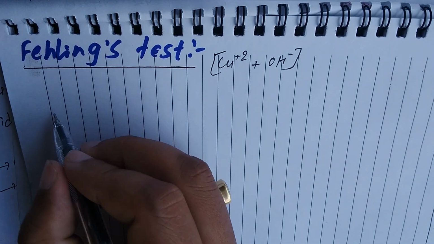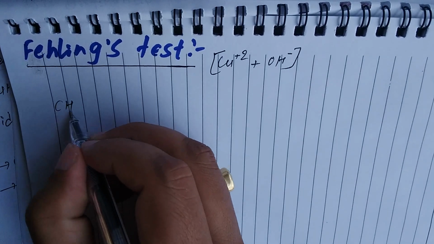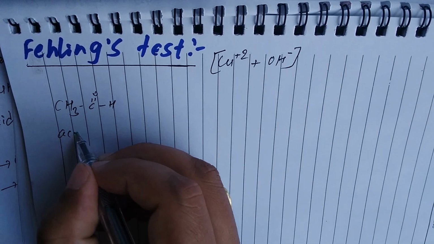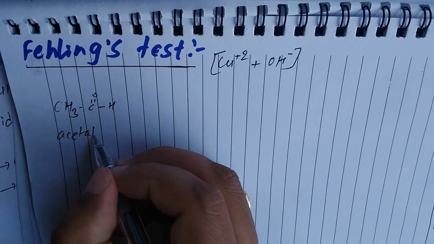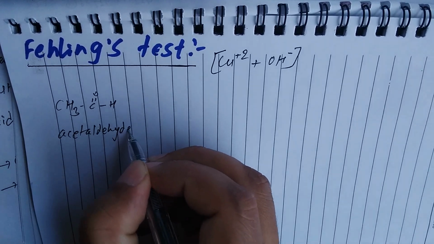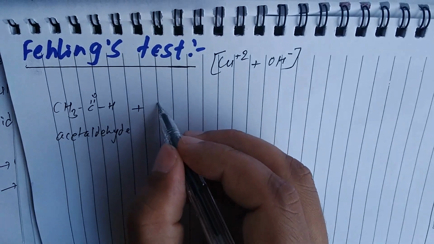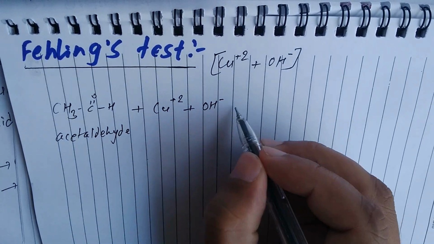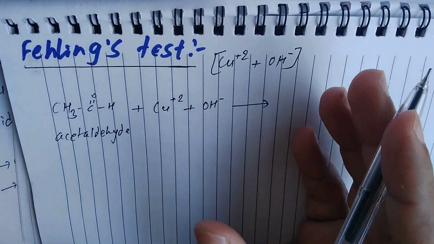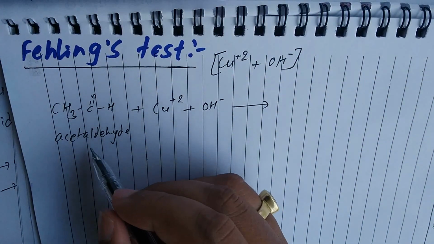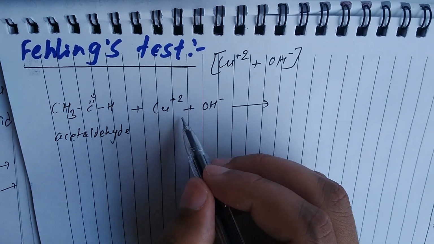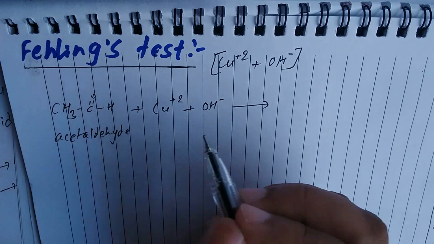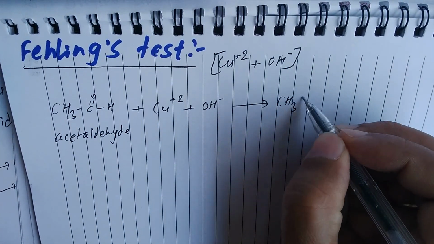Aldehyde, let us write the molecular formula. Very simple aldehyde, that is acetaldehyde, CH3 C double bond O H. This is acetaldehyde. When it reacts with Fehling's reagent, Cu plus 2, Fehling solution, OH minus, a simple mechanism like Tollen's test, it is oxidized because Fehling solution is an oxidizing agent. This acetaldehyde is oxidized into acetic acid. It forms CH3COOH.